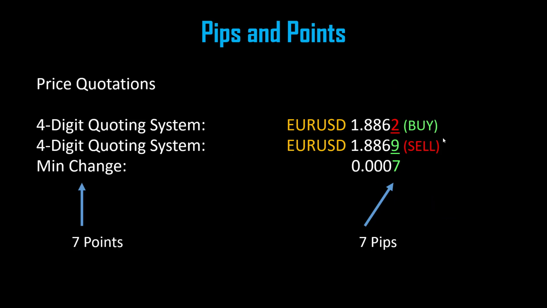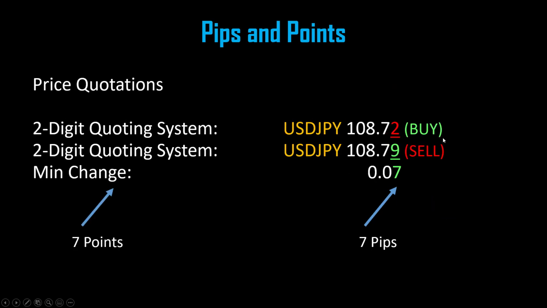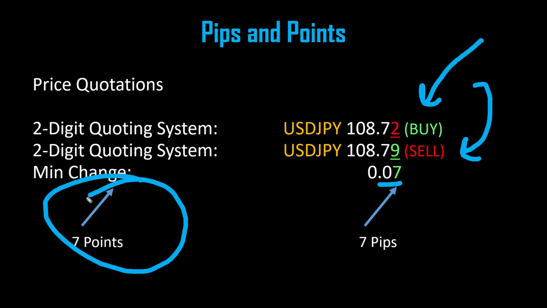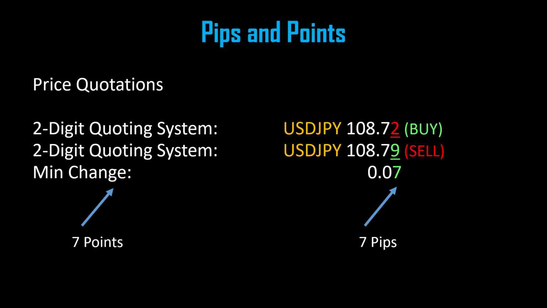So in this case, like I said, this trade, you would have only got 7 pips, 7 points. Now let's look at the 2-digit quoting system, and that is US dollar JPY. In this case, we bought it at 108.72, and then we closed out the trade. We sold it at 108.79. Same thing, 0.07. We only got 7 pips, also known as 7 points.